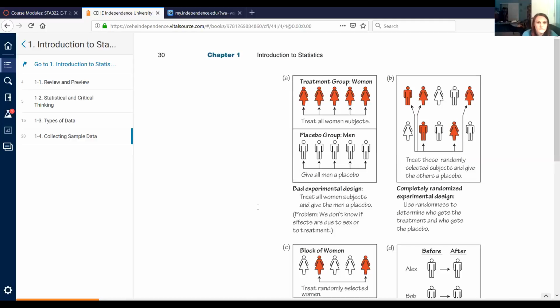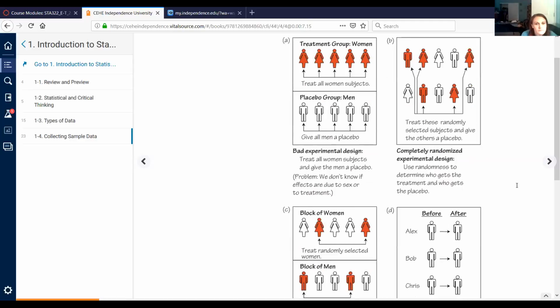So the confounding issue here would be, is there a sex difference in the response? Okay, completely randomized, you would select subjects of both genders to give a drug, and of both genders to give placebo as well.